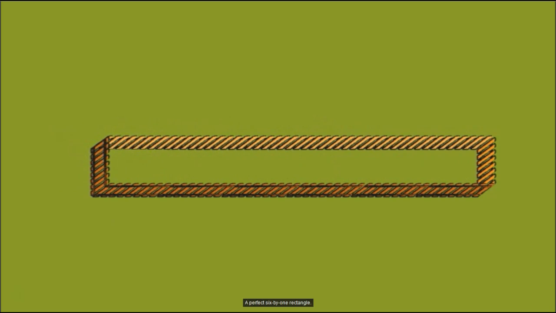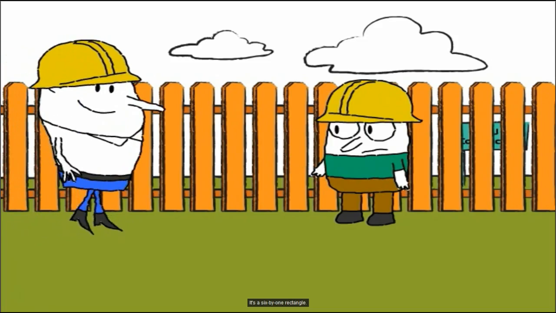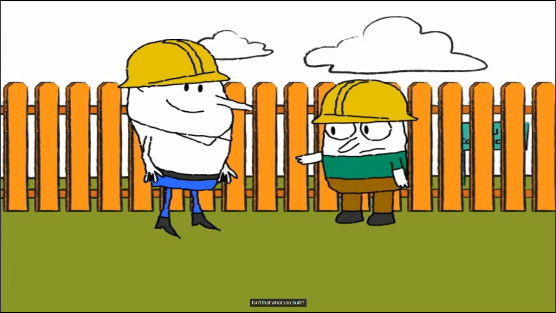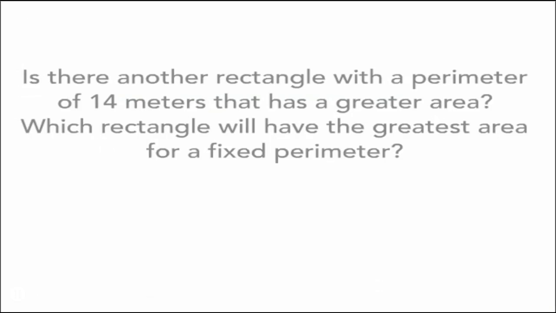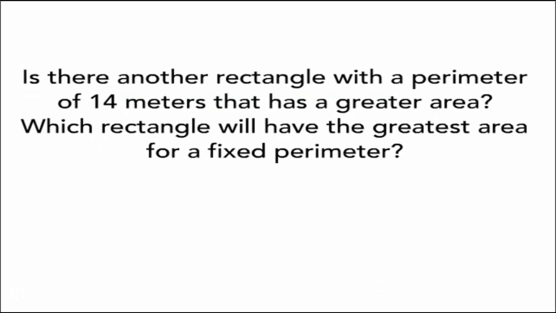That should do it. A perfect 6x1 rectangle. Hey, Jay, what's this? It's a 6x1 rectangle. Isn't that what you built? Nah, my fence is 4x3. Well, at least they have the same perimeter. Yeah, but they have different areas. Is there another rectangle with a perimeter of 14 meters that has a greater area? Which rectangle will have the greatest area for a fixed perimeter?